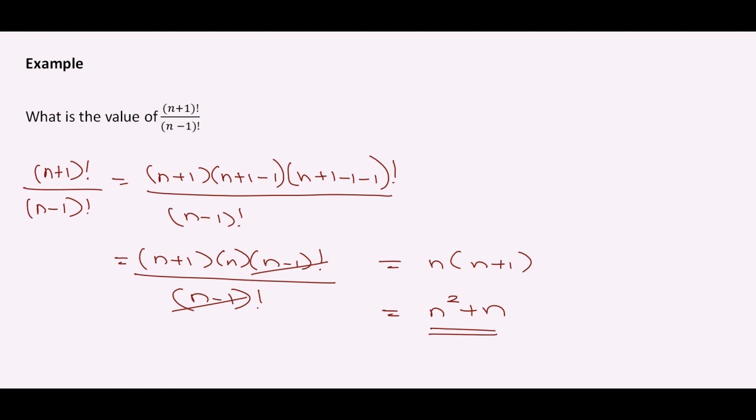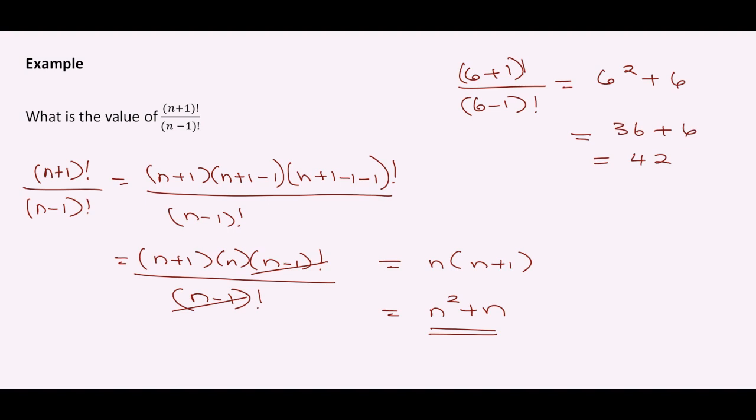So let's try an example. If we say, for example, 6 plus 1 factorial divided by 6 minus 1 factorial, what this formula really means is that we're going to have 6 squared plus 6, which is 36 plus 6, which is 42.